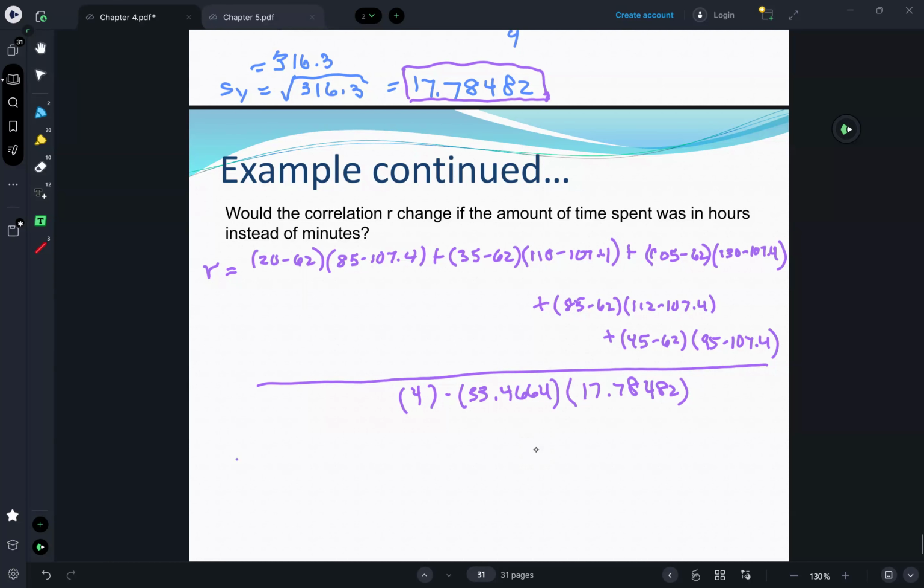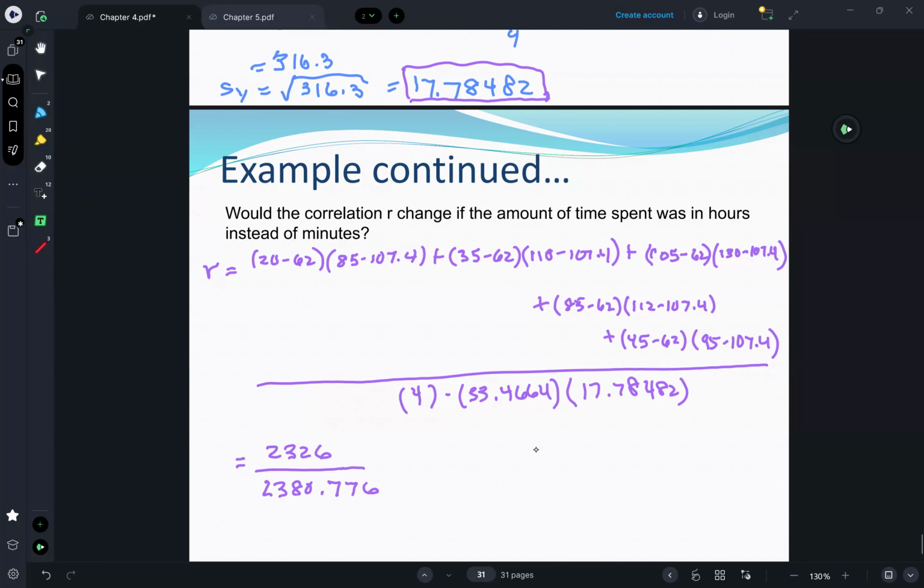So to check your work, the numerator should come out to be 2326, and the denominator is 2380.776. That's what you should get.